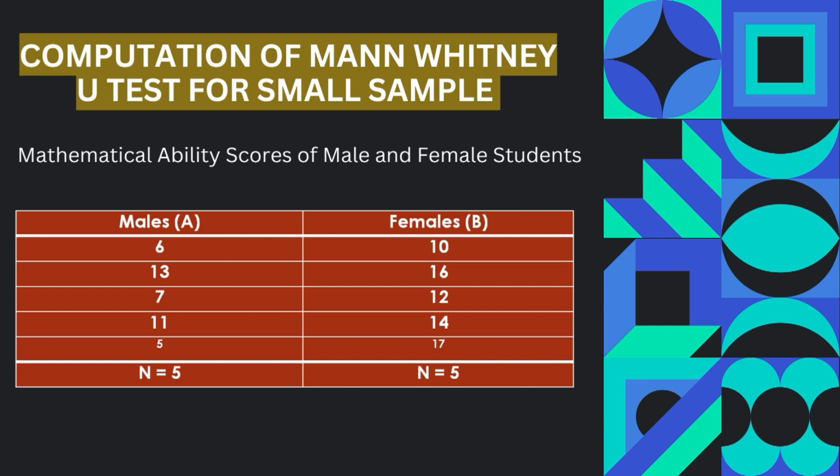And in the females category, the scores of mathematical ability are 10, 16, 12, 14 and 70, and the total sample size is the same as the first one, meaning it also has a sample size of 5, n is equal to 5. So, now let us proceed step by step with the computation of the Mann-Whitney U-test.